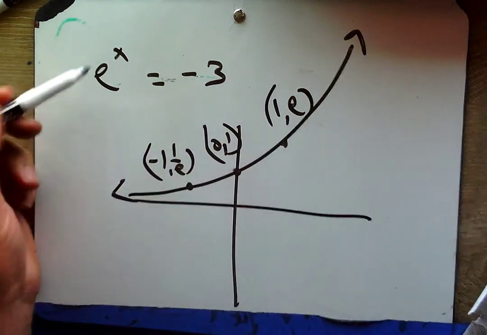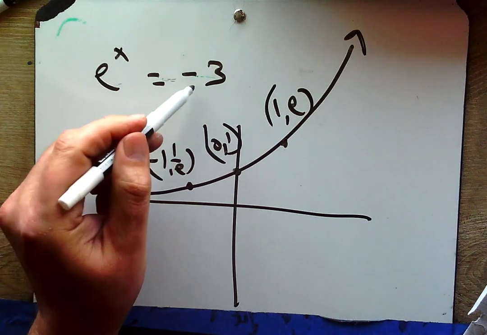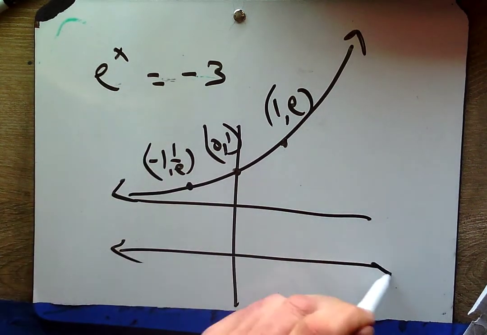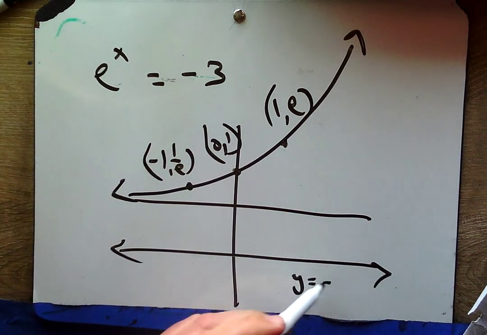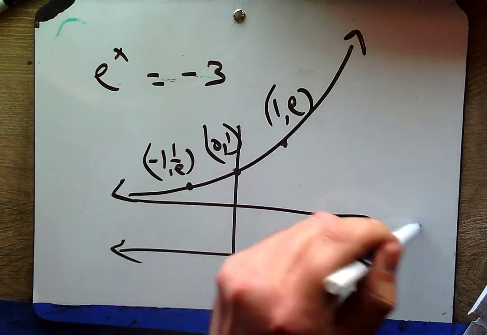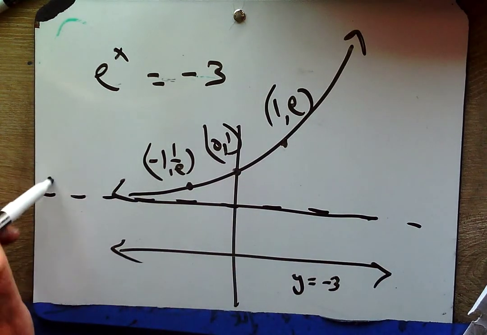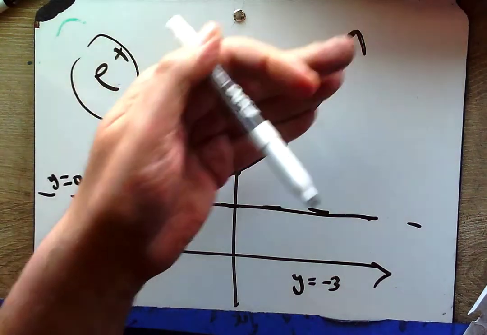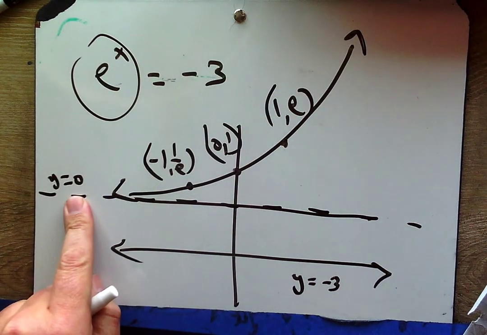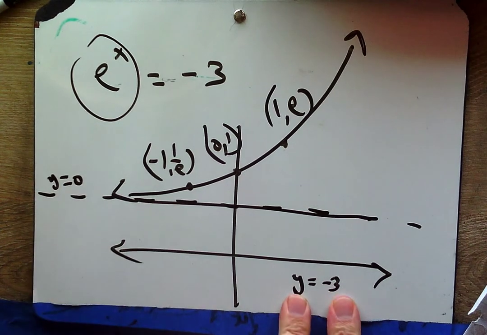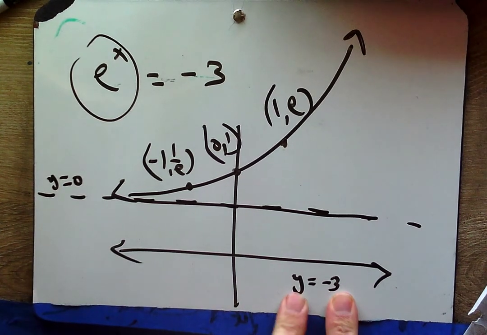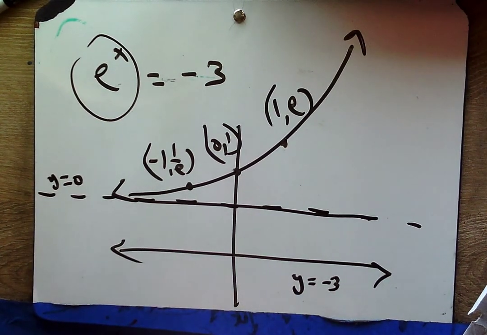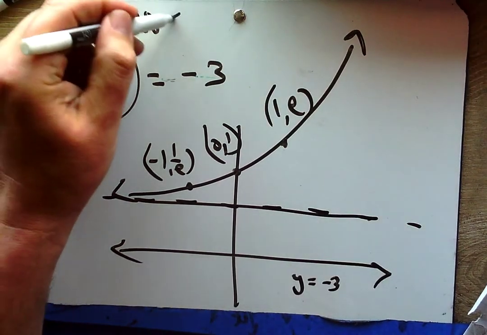And we're asking the question, when does this curve intersect that line? And the answer is never, because there's this horizontal asymptote at y equals 0 on e to the x. This curve approaches 0 but never gets to 0, and so certainly can't get down here to -3. So this has no solution.